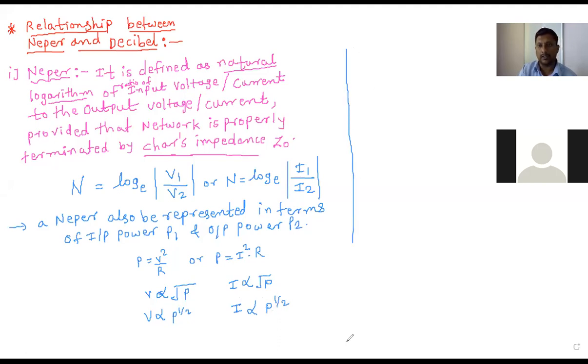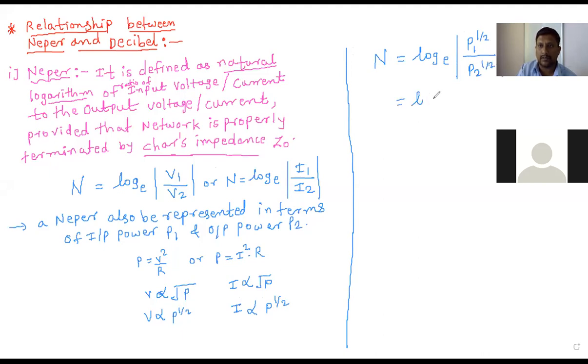So we can get the N formula in terms of power. How? Logarithm of base e. V1 is replaced, in terms of power, by P1 raised to 1 by 2 divided by P2 raised to 1 by 2.